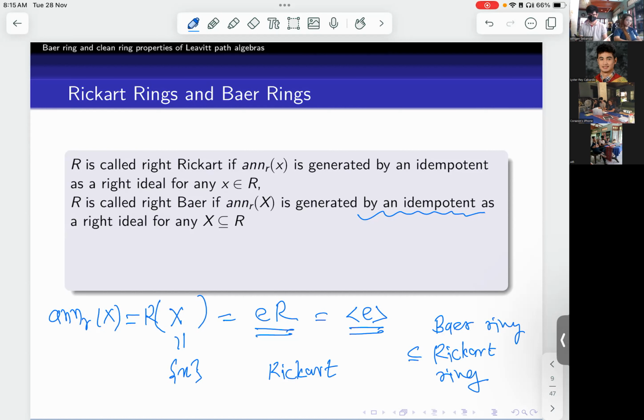And some trivial examples would include fields, integral domains, and the motivation was C star algebras. A finite analog of that is matrices, so M_n(C) is an example.